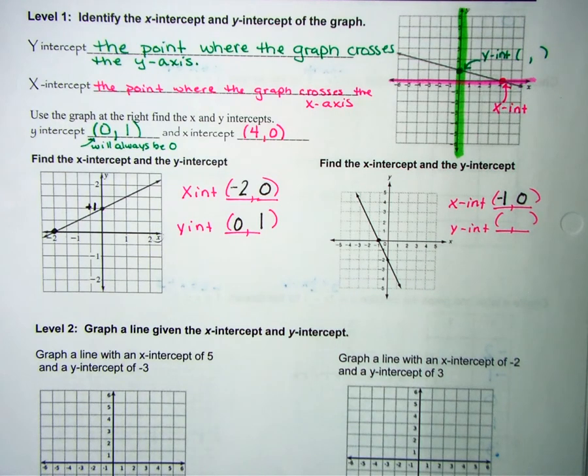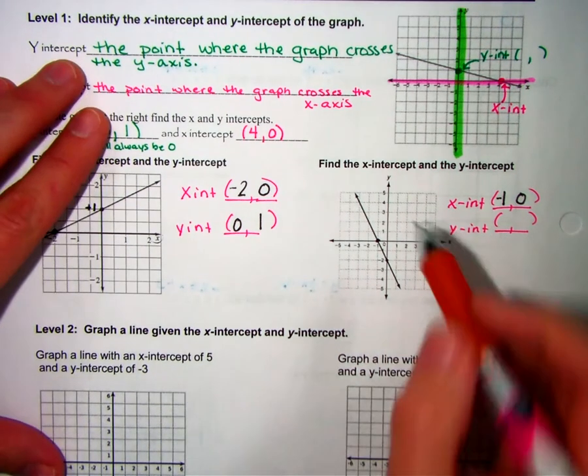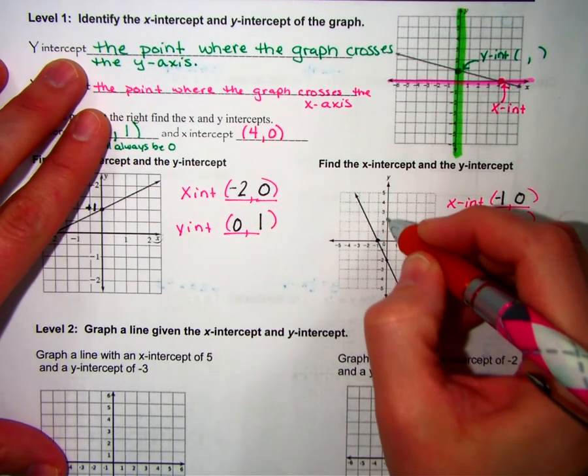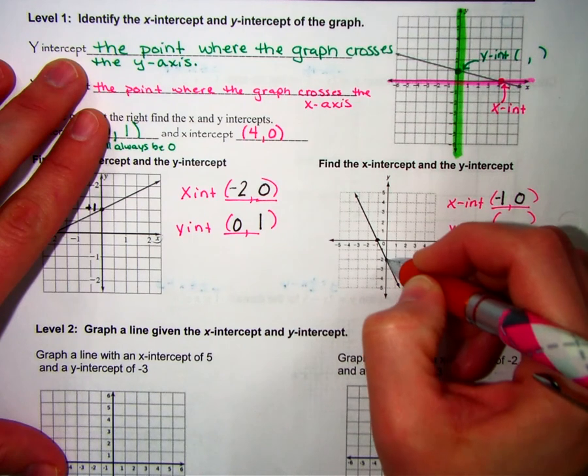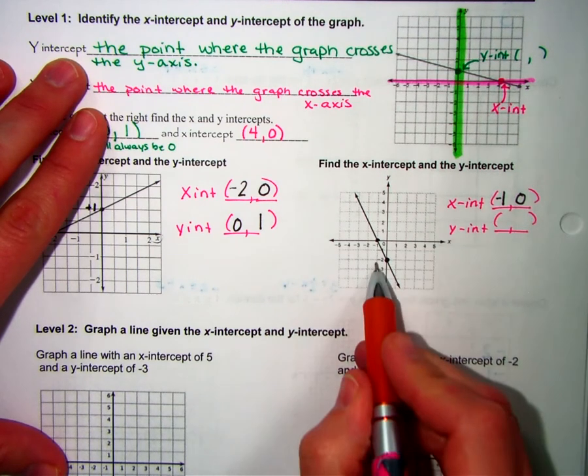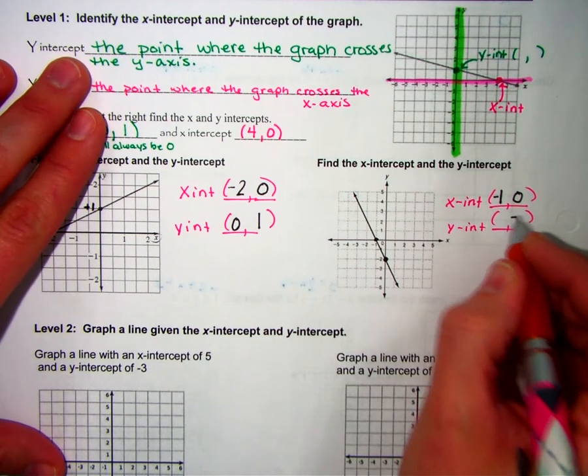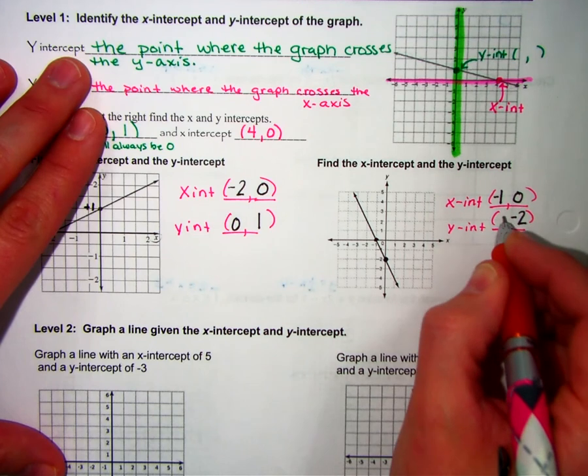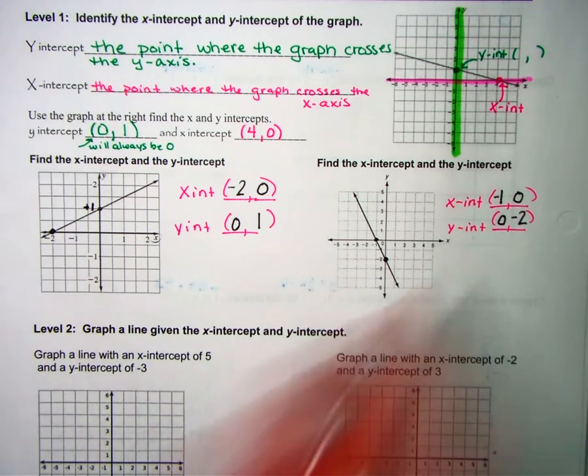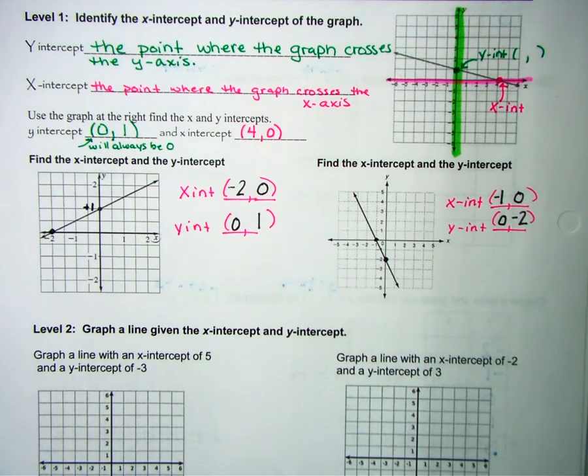Same thing, slide along the y-axis until you run into the line. There it is. And I hit the line at -2. So that goes in the y spot, and then 0 goes in the other spot. I'm saying that very specifically, again, because of what we're going to be doing tomorrow.